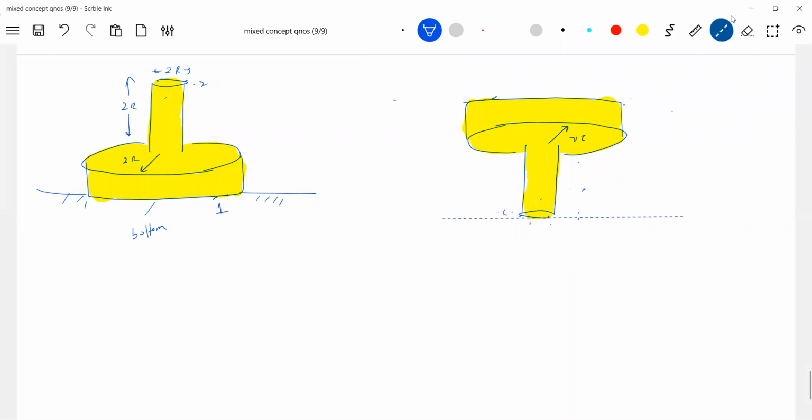Very simple, I think it's there in SC Verma, just picked it up. So this will be placed here, inverted. What about the force at 1 and 2? Now 2 will be there, and 1 will come here. What is the force exerted by the liquid on the bottom?